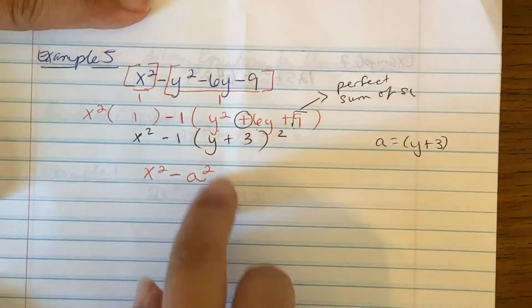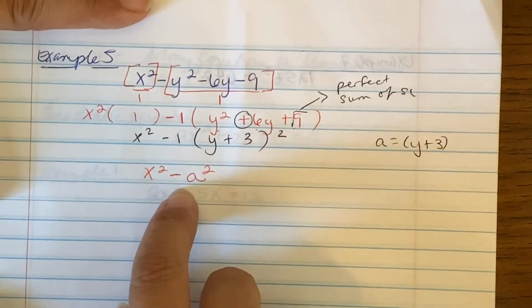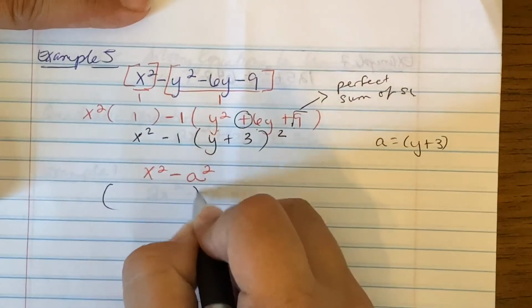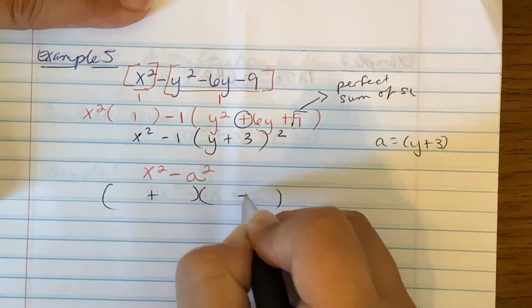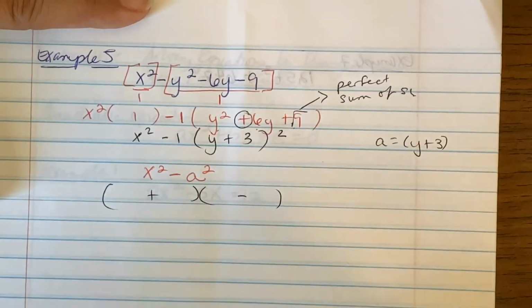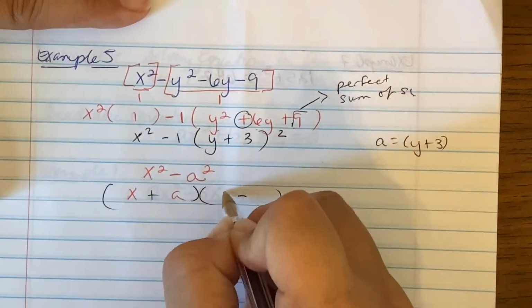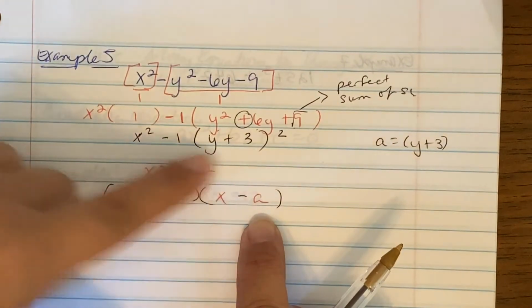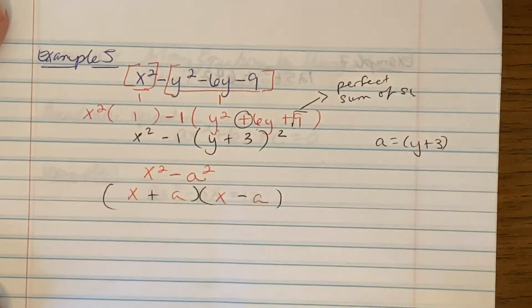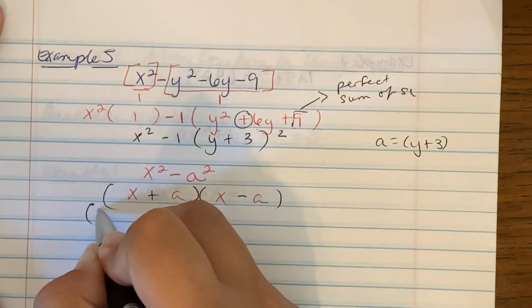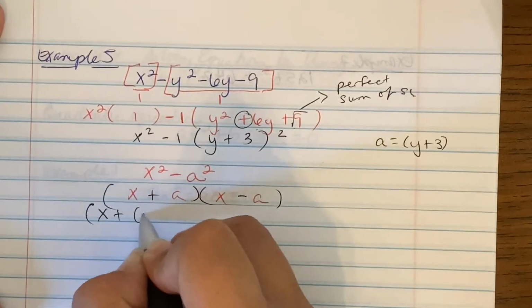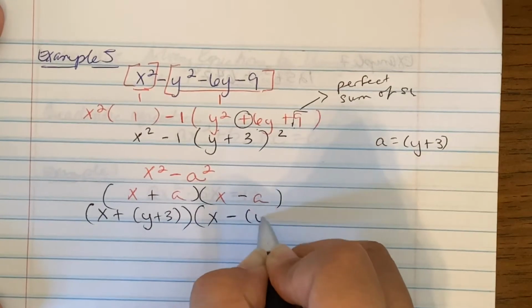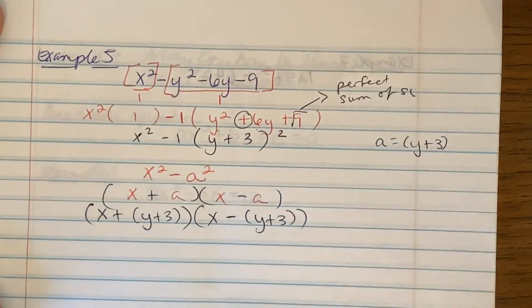So here is a difference of squares, 2 terms, minus sign, powers are even. So this breaks down into a plus minus situation. So we see x plus a, x minus a, but remember a was not part of our problem. It was y plus 3, so we're going to bring y plus 3 back. So we see x plus y plus 3 in parentheses times x minus y plus 3 in parentheses.